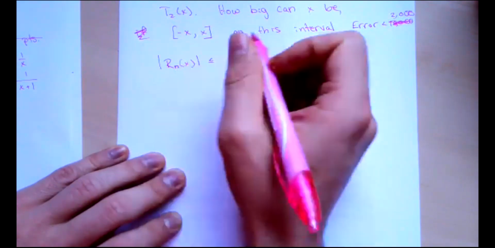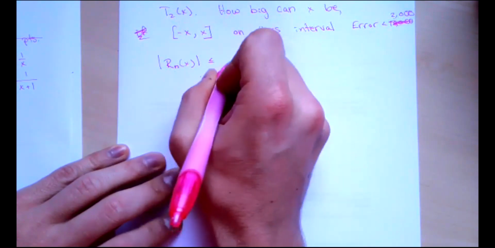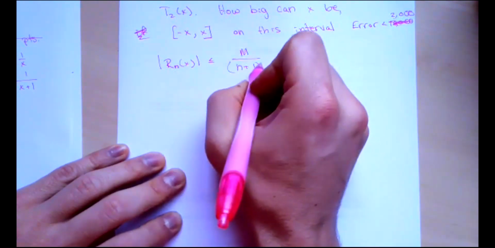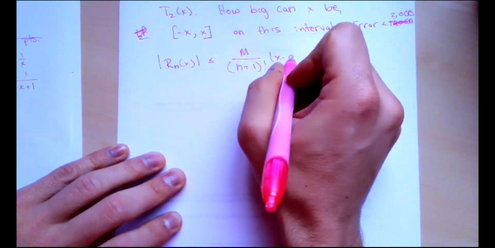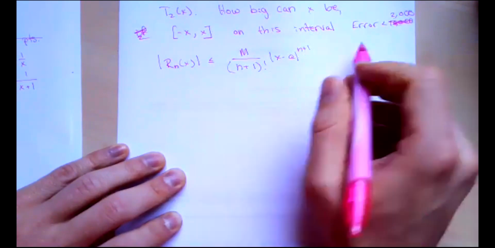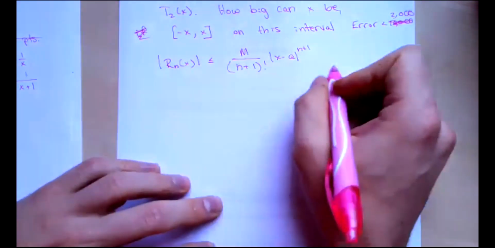Right? So our equation is always thus: x minus a. We're almost always given a because we know where we're expanding the Taylor series.